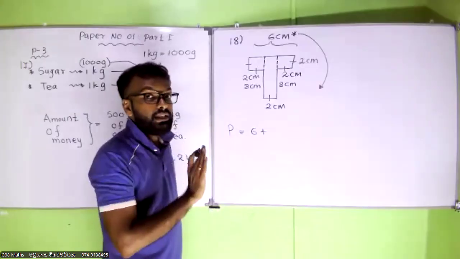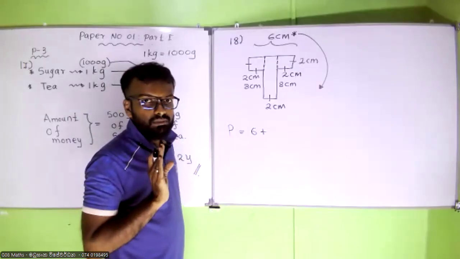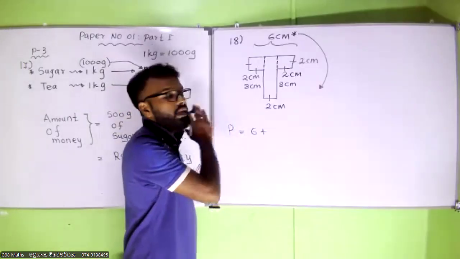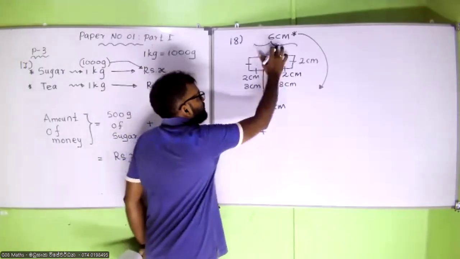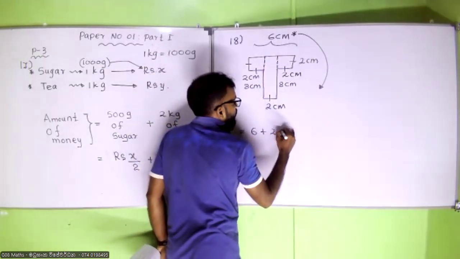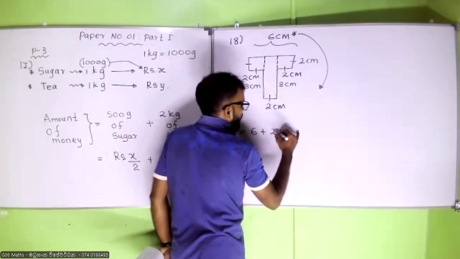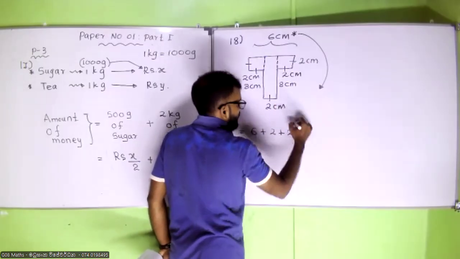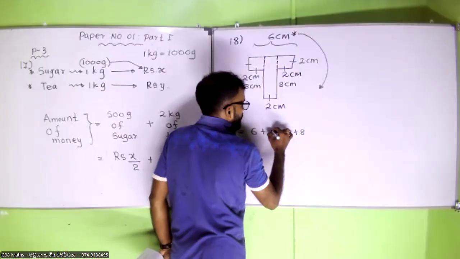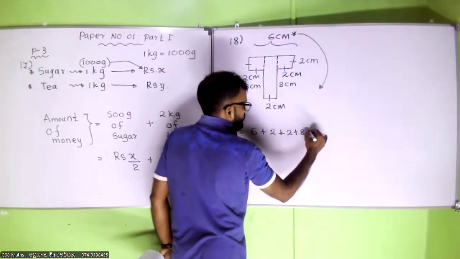I will use a bracket at the end to put centimeters. Centimeter is common for all the lengths. 6 plus 2 plus 2 plus 8, plus 2.